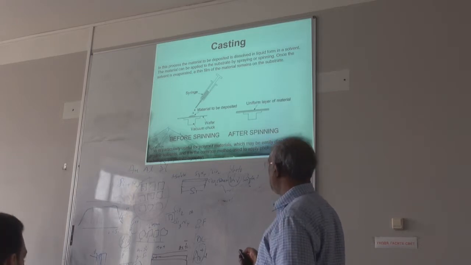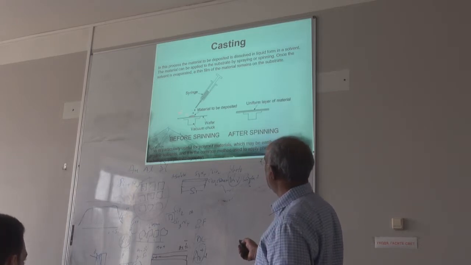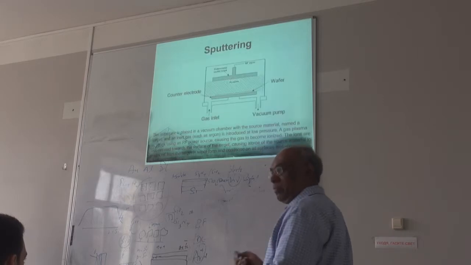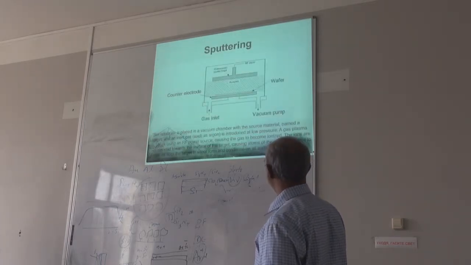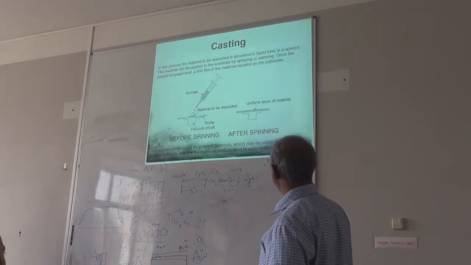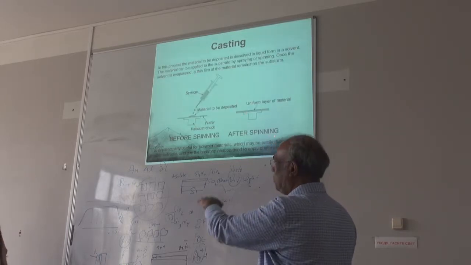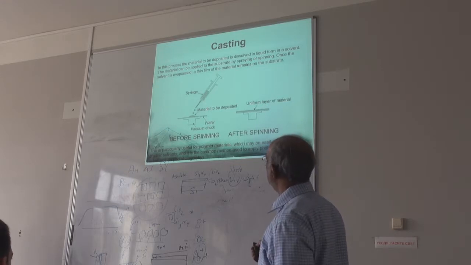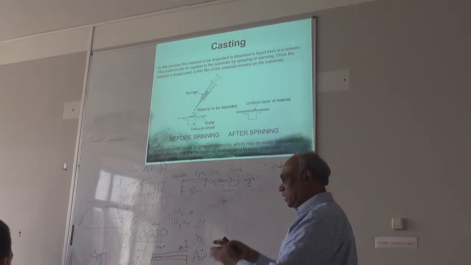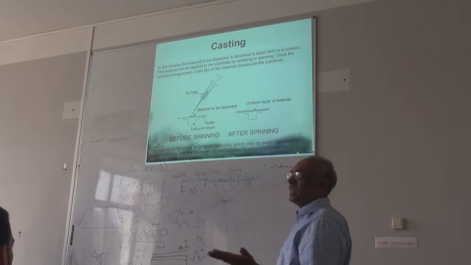When you put it here, it is like this. But if you spin it fast, then it will spread very uniformly. This is before spinning. I have a picture of the spin coater. That's a very easy thing to make.